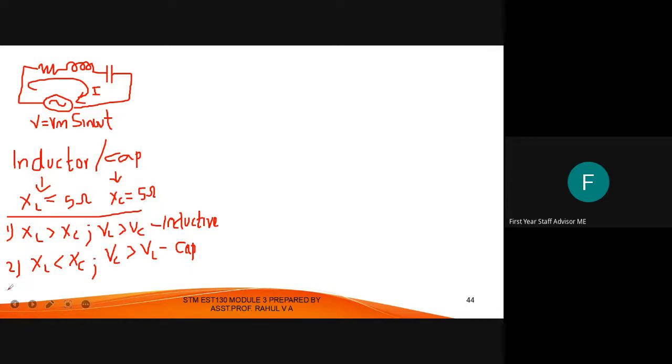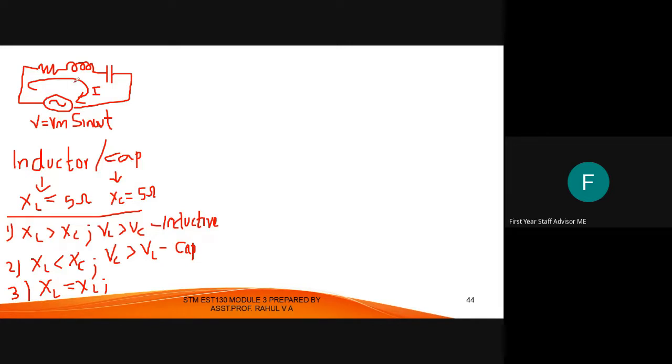And then there is a third case. This is also a very important case: when XL equal to XC. In that case, as I said earlier, the capacitive reactance will cancel the inductive reactance or vice versa.